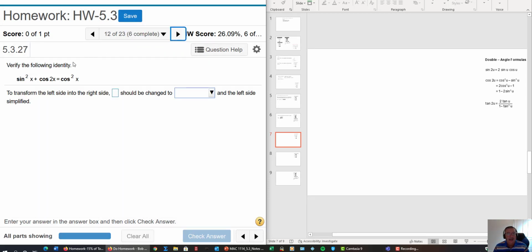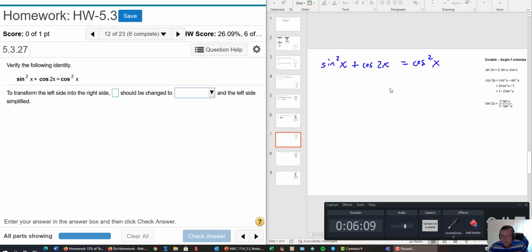Now, here's a verification problem with double identities. I always like to do these in the software and do them by hand to show you how it works. So let me go ahead here and set this one up real quick. All right, so on this one, if you're trying to verify sine squared x plus the cosine of the double angle equals cosine squared x, on these double angle formulas in the past, it really hasn't mattered which one we've used to solve and get certain answers, but on a verification problem, I think it's going to matter big time.